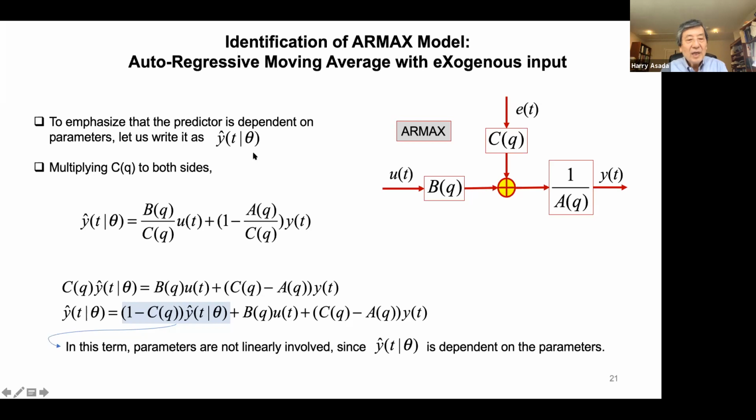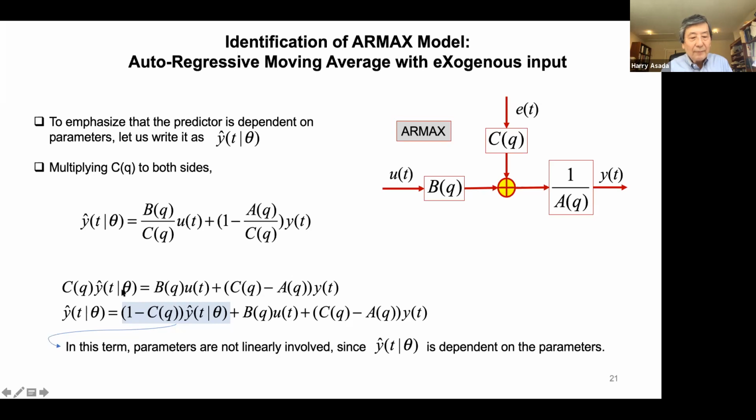Okay, so now we found that the best predictor y hat t given theta is given by this. It's a function of all parameters A, B, C sitting here. We use the input u and observe the output y t. First, multiply C(q) to both sides to clear the denominator.